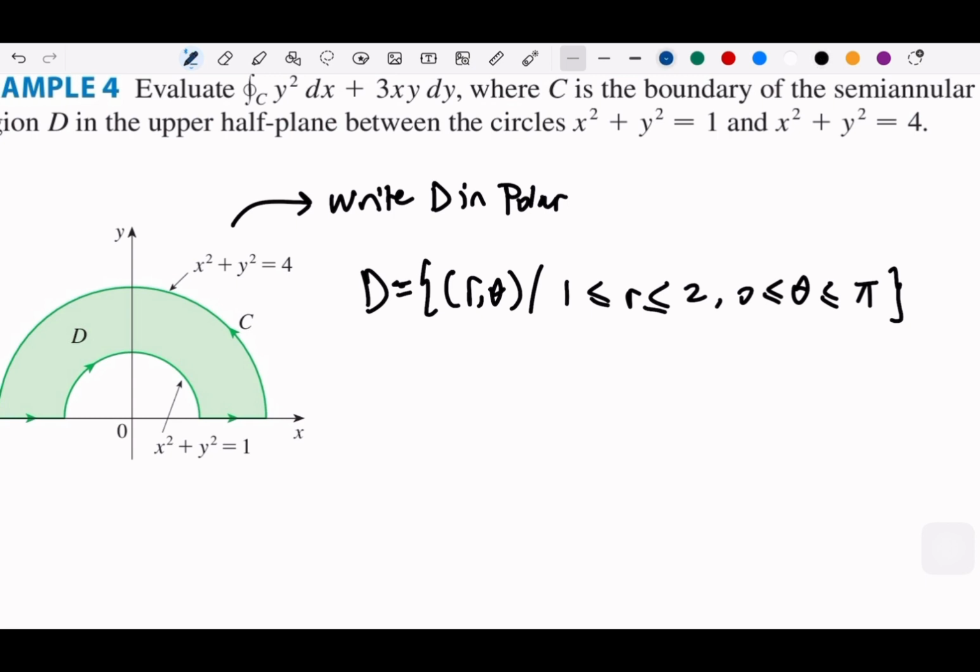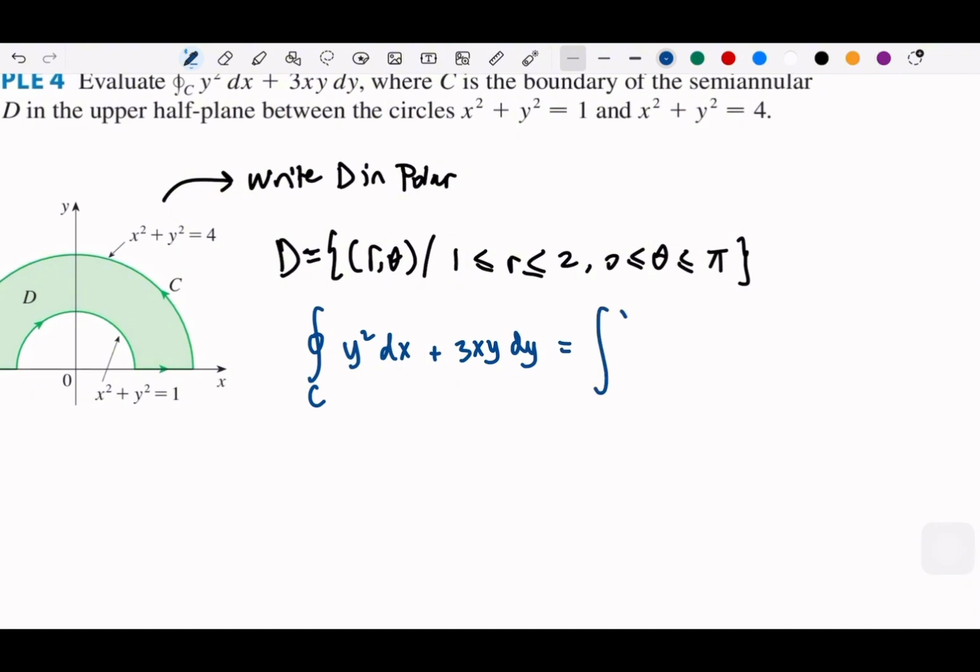So then for the line integral, let me write the double integral.